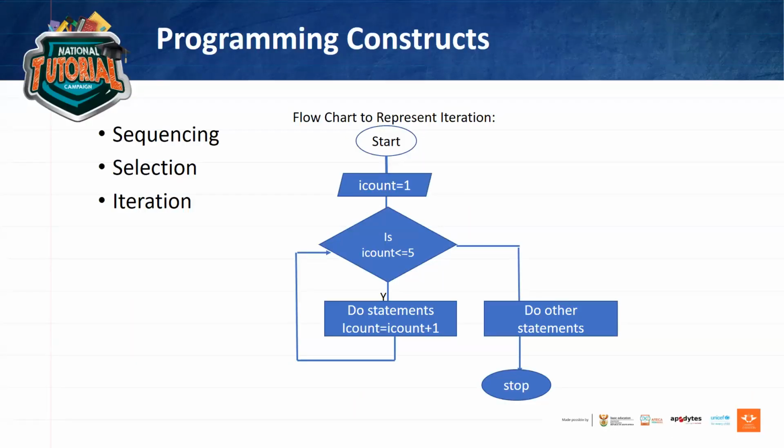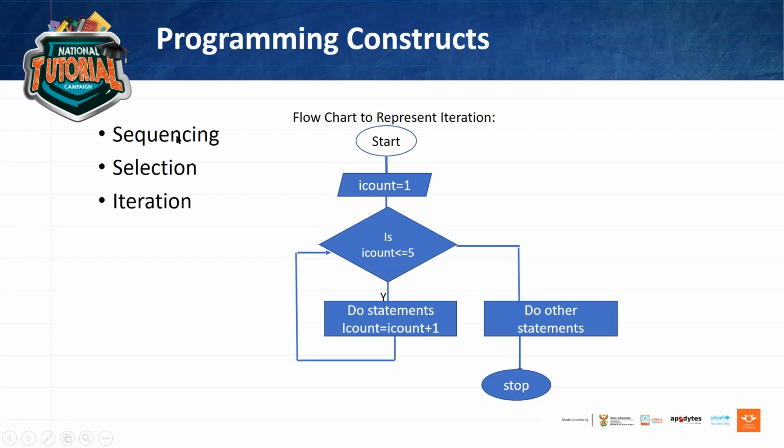When you think of programming, programming has got 3 ways of coding. We call them programming constructs. It's either you are coding sequentially, which is called sequencing, or you are coding through selection, or you are coding through iteration. I'll quickly touch on each of these before we go to what we want to look at, which is loops, which fall under iteration.